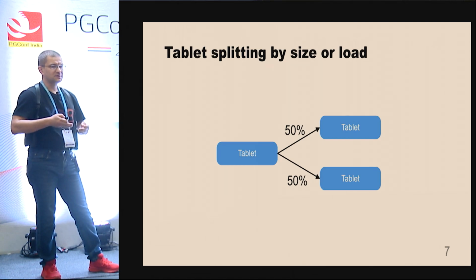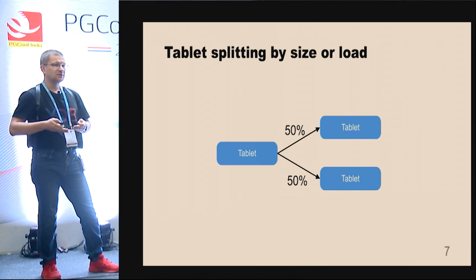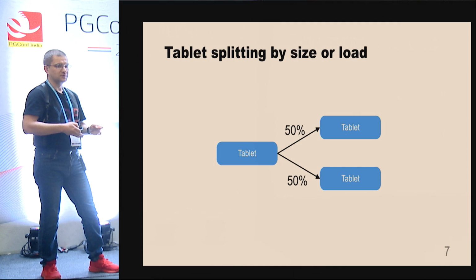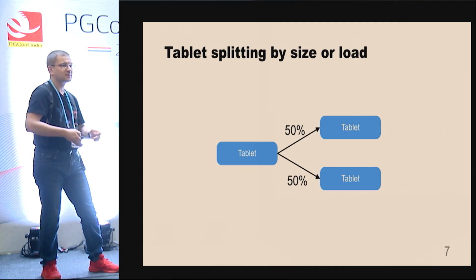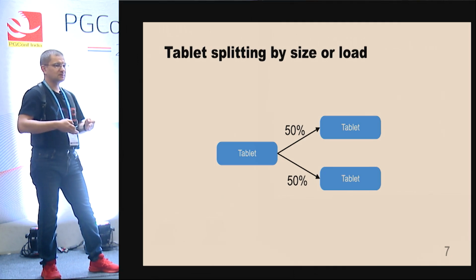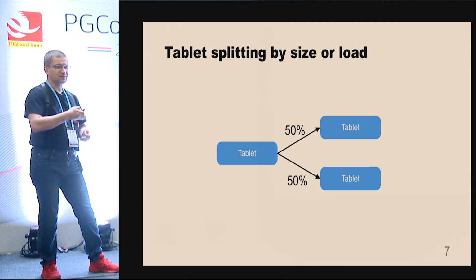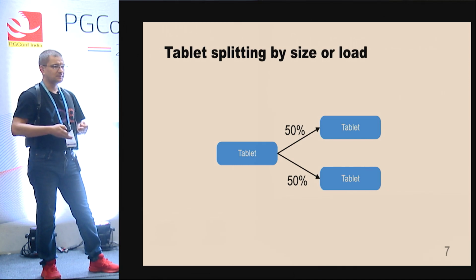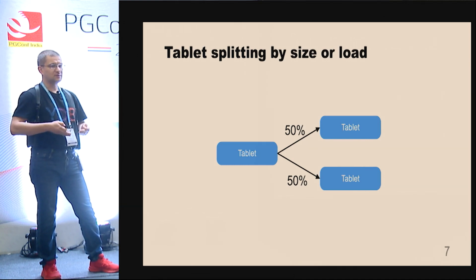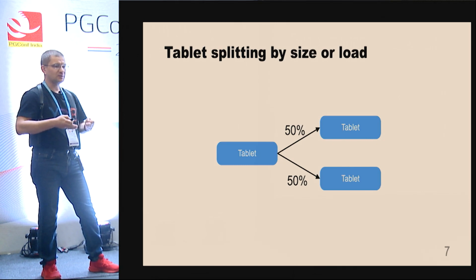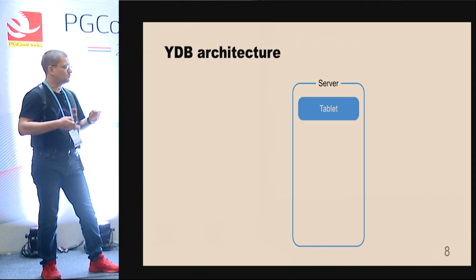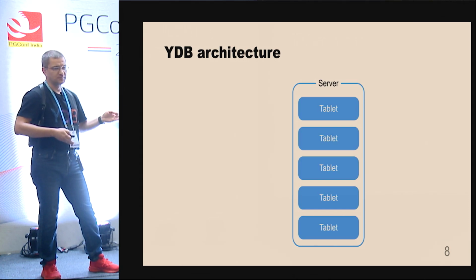And if a tablet detects it is overloaded, not by size but by workload, it can split again, and each new tablet will handle half of the workload. A tablet can split again and again. A tablet is a very lightweight instance, and one server can host many thousands of tablets at the same time.